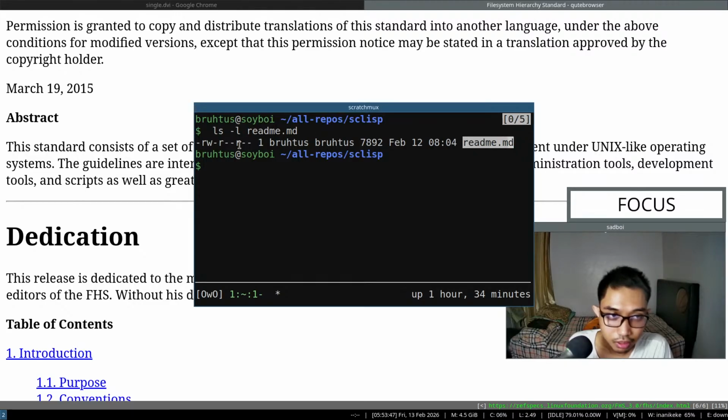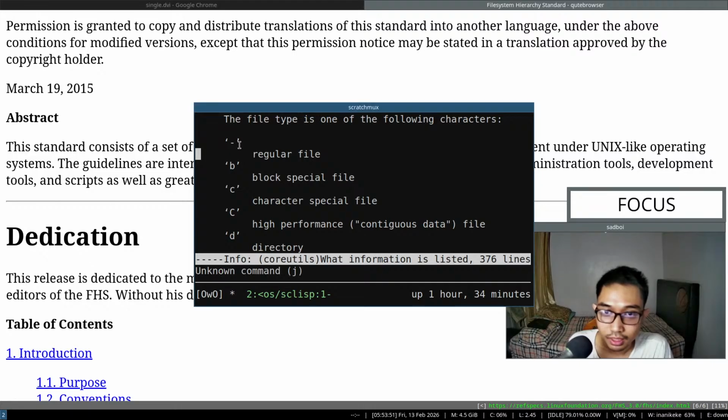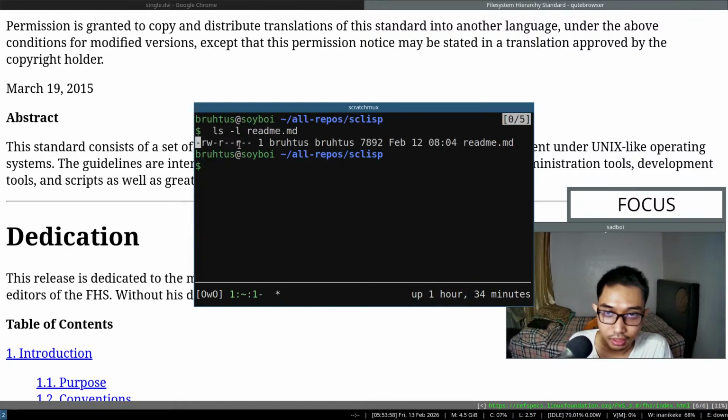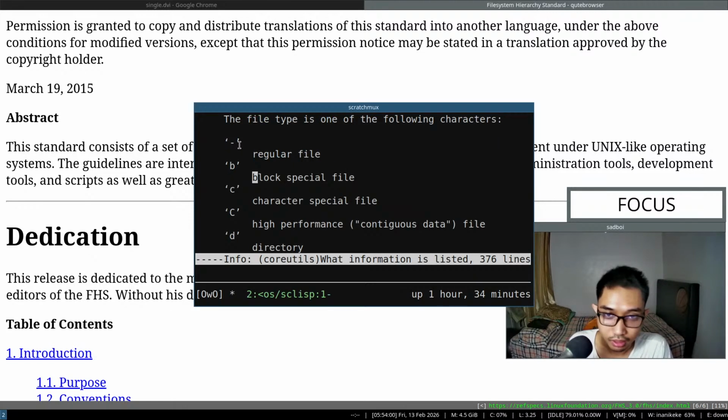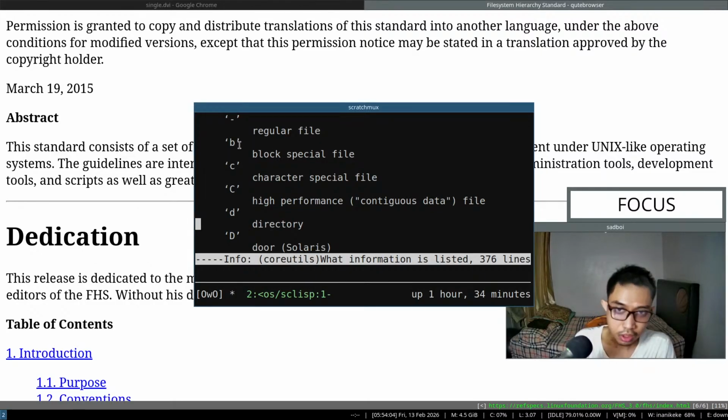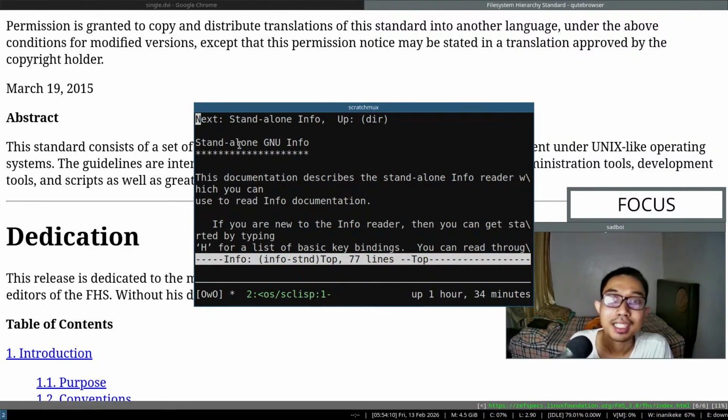The readme.md is a regular file, right? And then if the beginning of this is not a dash but let's say B or D, right, or directory. Okay.